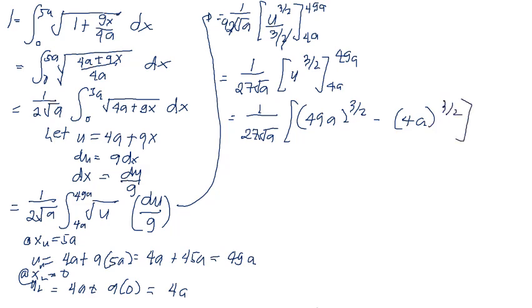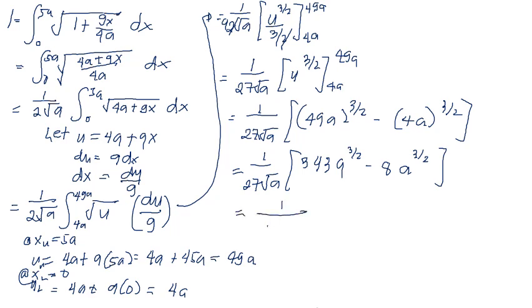So this is equal to 1 all over 27 square root of a. Then this is 343a raised to 3 halves minus 8a raised to 3 halves. So we will have 1 all over 27 square root of a times a quantity of 335a raised to 3 halves.